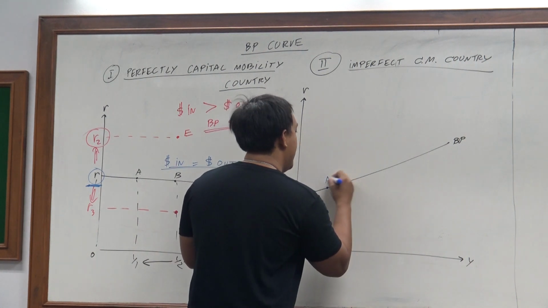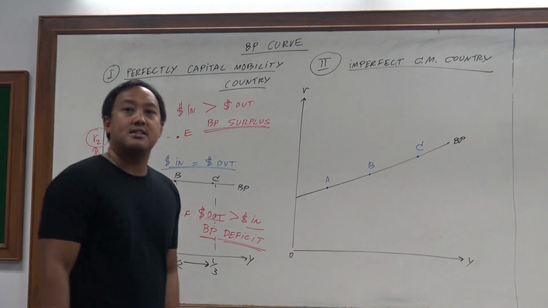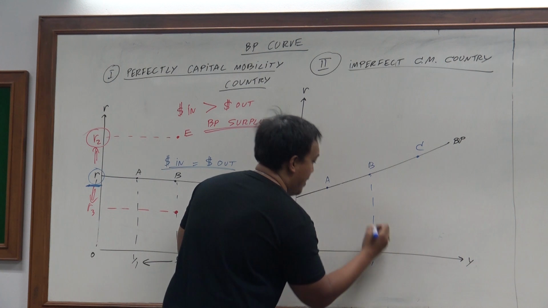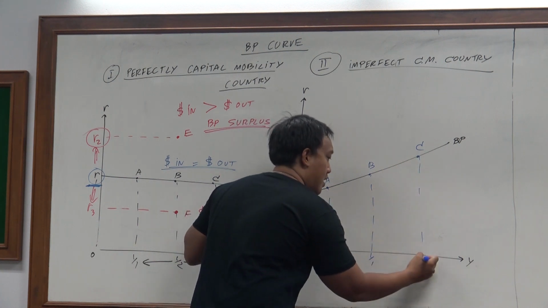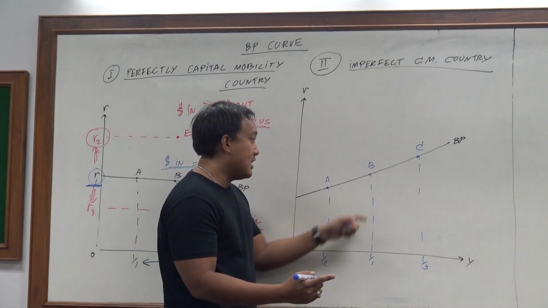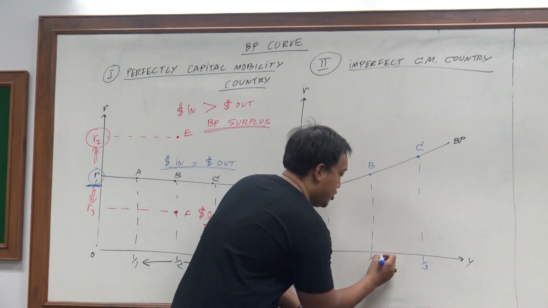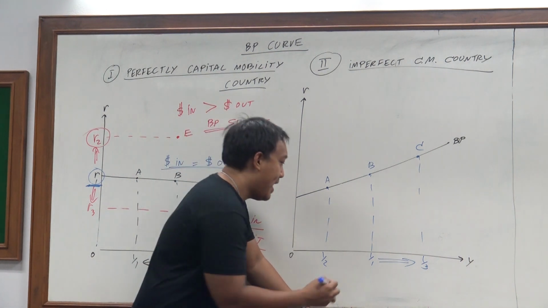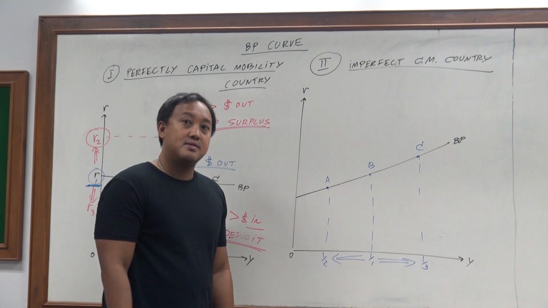For example, we have point A, point B, and point C, with Y1, Y2, Y3. If we focus on point B, Y1, when the economy is good, GDP increases from Y1 to Y3. When the economy is bad, GDP decreases from Y1 to Y2.